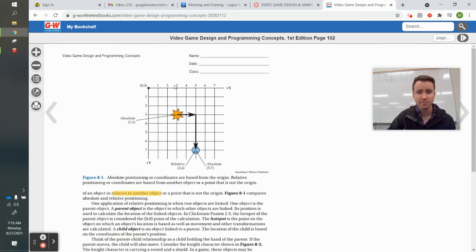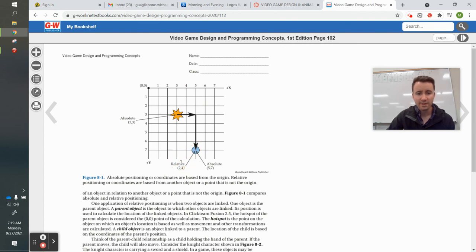But anyway, so this is the point 3, 3. And then you'll notice that as this moves here and moves here, this is a new relative point. So the relative point is 2, 4, meaning it goes 2 in the x direction, 4 in the y direction. So it goes 2, 4. But the actual absolute point is 5, 7 because it's on x equals 5, y equals 7.